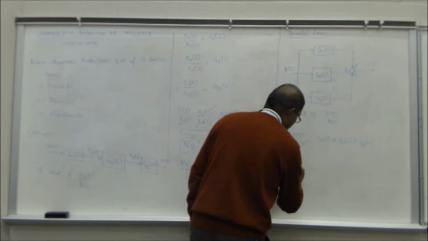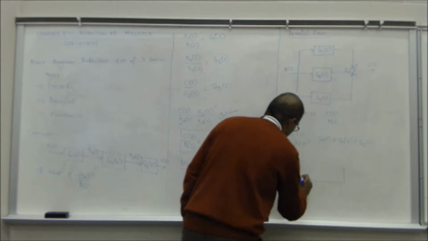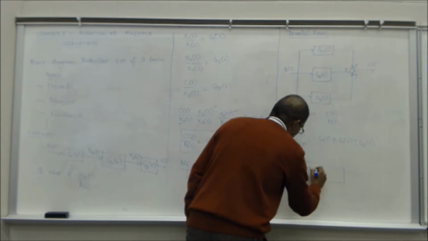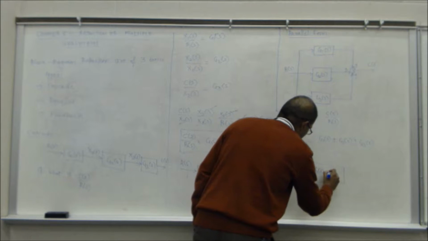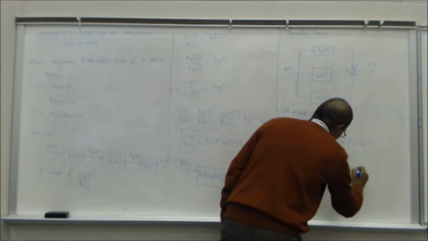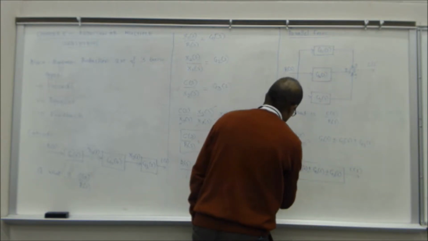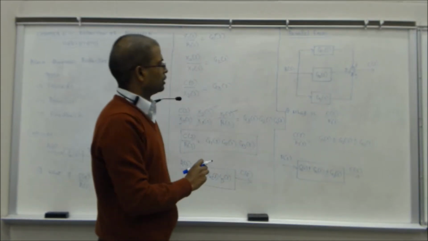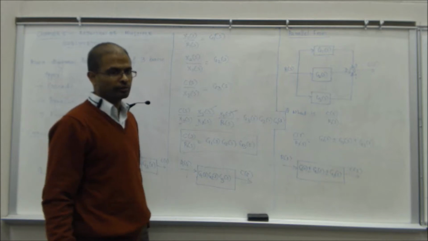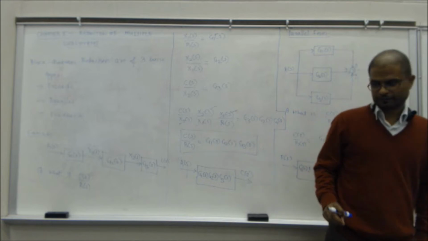So if you were to write your reduced block diagram, you would write it like this. G1 of S plus or minus G2 of S minus G3 of S. Now you can do similar math with the block diagram. Okay, you can. I'll leave it up to you to do the math.